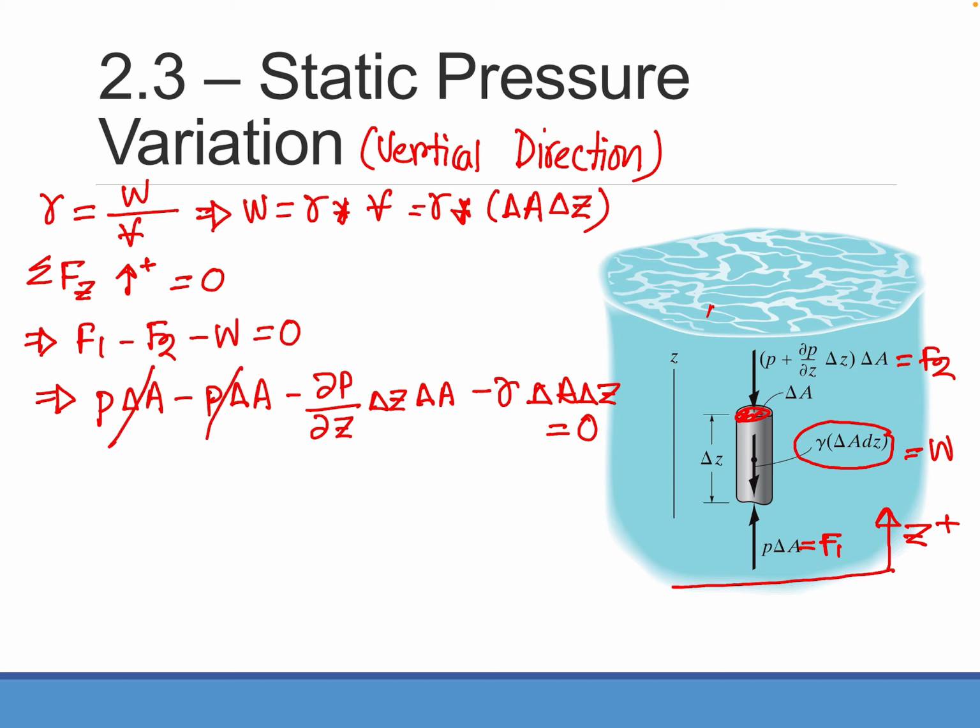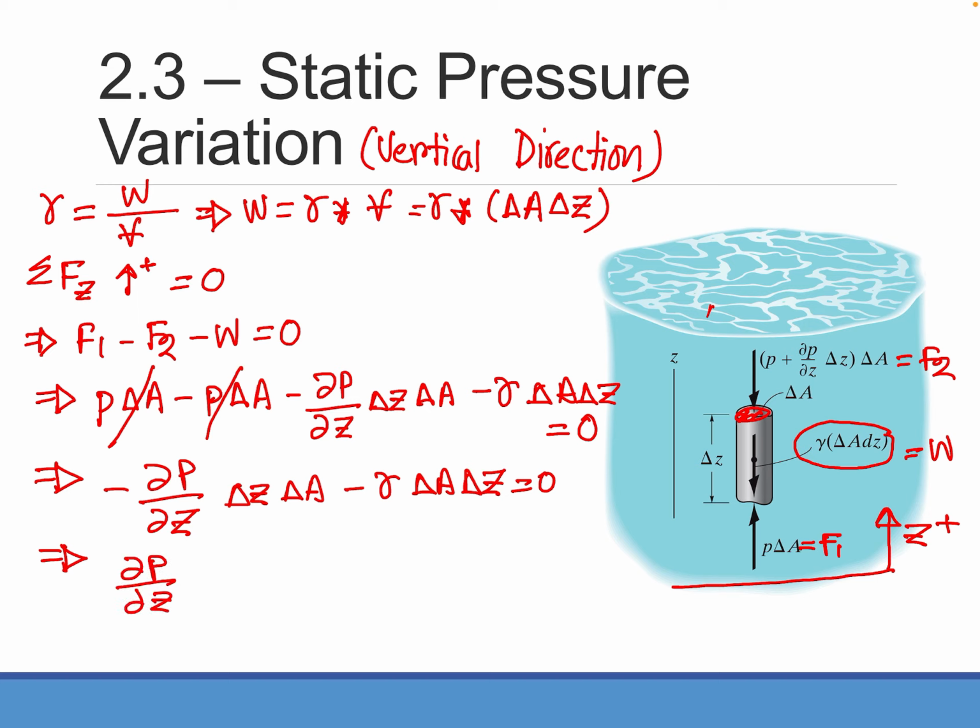Now I can cancel these two. Finally I will have negative gamma delta A delta Z. Now if I move one of these terms to the right side, it can be delta P delta Z delta A delta Z. Now on both sides I have delta A and delta Z, so I will cancel these two.